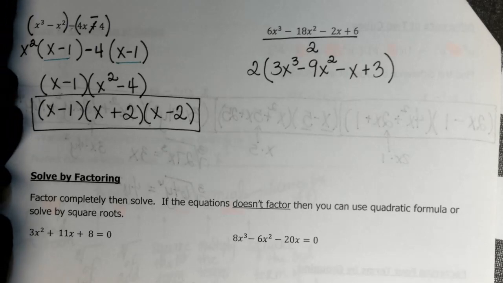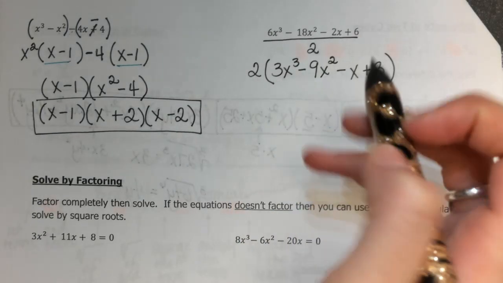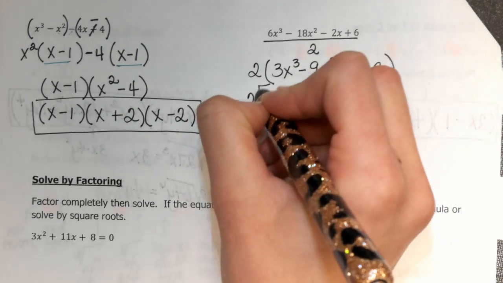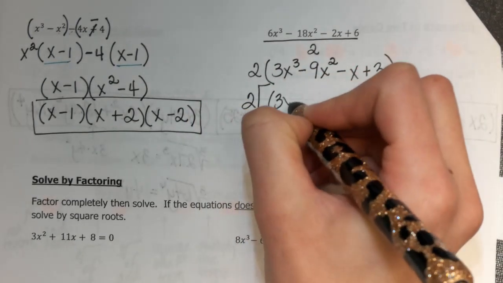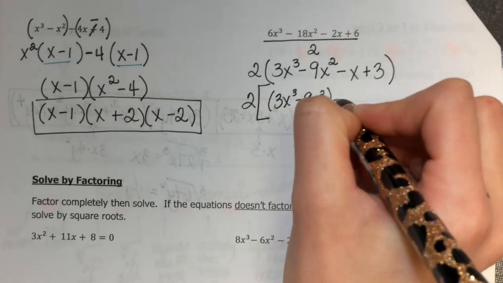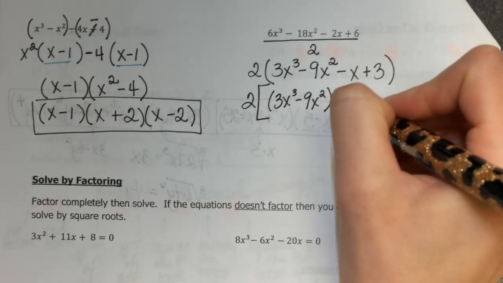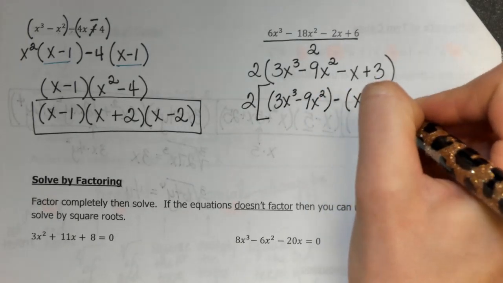Okay, well, I need to factor by grouping. So I'm going to group together my 3x cubed minus 9x squared, and I'm going to have a minus, so when I group x and 3, what does that turn into? X minus 3. There you go, good job.